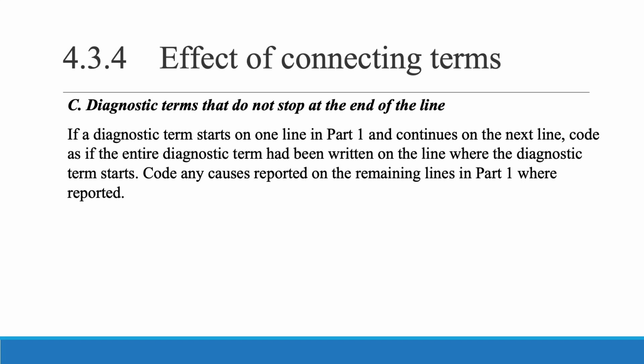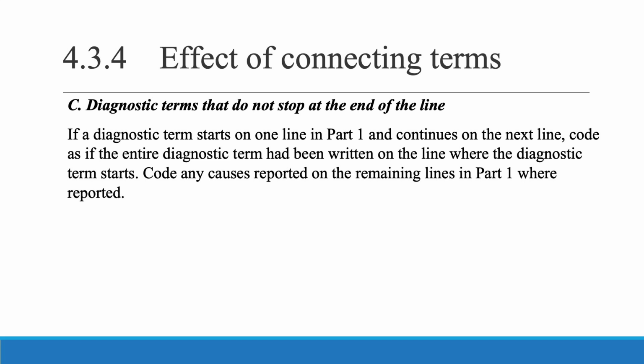Code any causes reported on remaining lines in part 1 where reported. This instruction may seem intuitive to experienced coders with a good understanding of medical terminology, but for newer coders, this can be quite helpful.